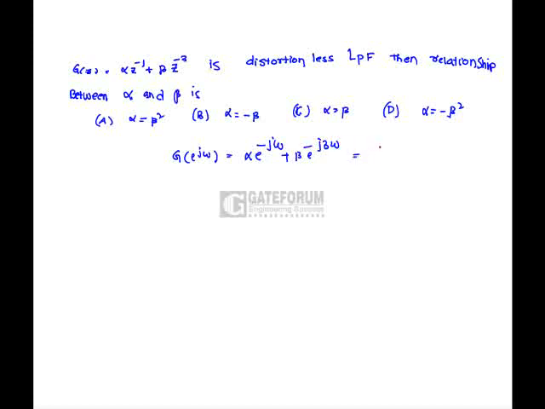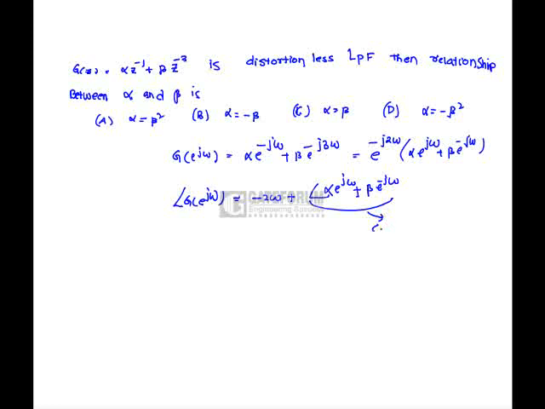If we take common, that is e power minus j2 omega times alpha e power j omega plus beta e power minus j omega, meaning the angle of G e power j omega is minus 2 omega plus the angle of alpha e power j omega plus beta e power minus j omega. This phase must be a constant or 0.